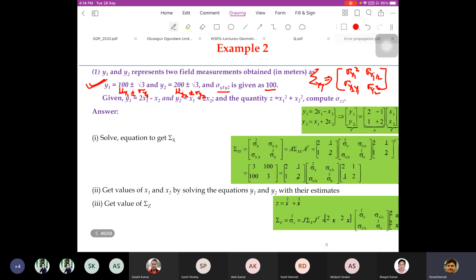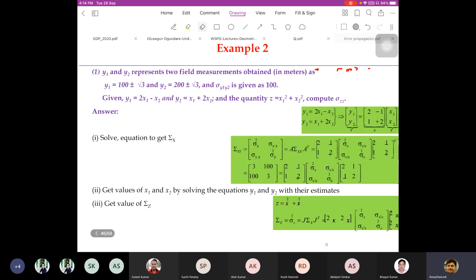The moment any kind of observation is given as a certain value plus minus something, you immediately look at it: the first component, the left one of the plus minus, will represent the mean, and the right one will represent the standard deviation. Okay. Now let us move ahead.